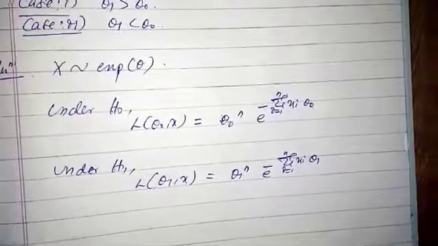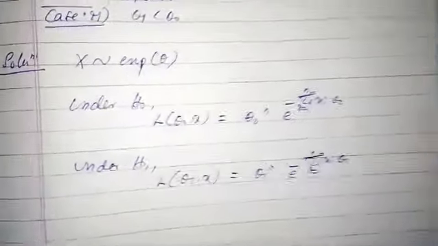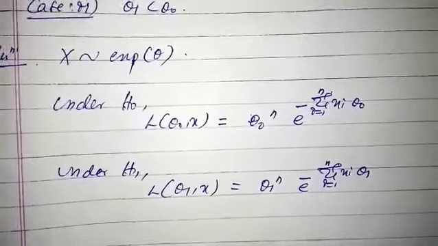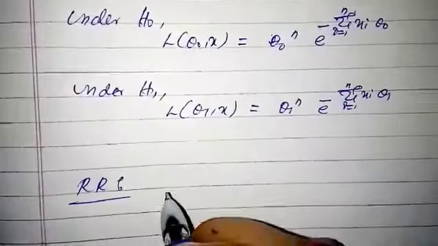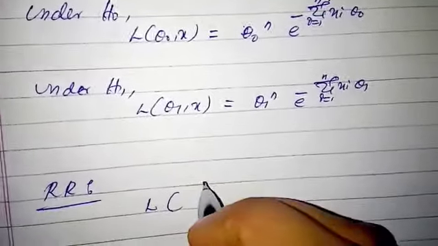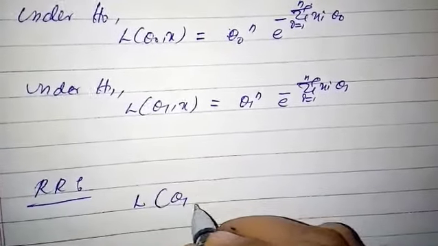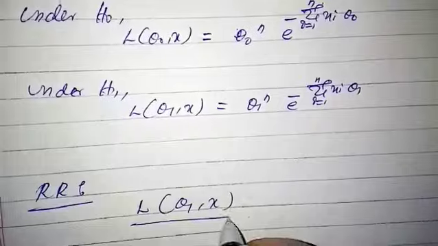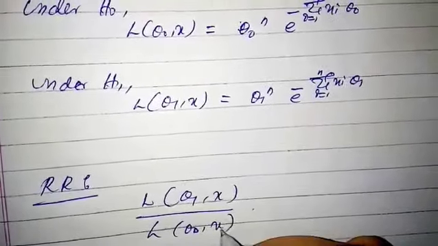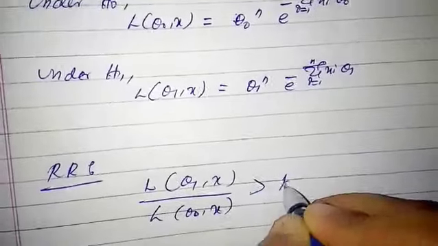So we know that we reject H0 for a large ratio, right? For that we have to take the ratio of likelihood under H1 to likelihood under H0, which is greater than k1.